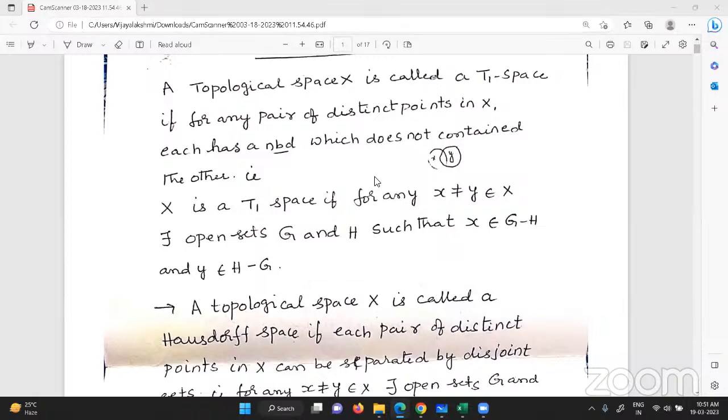Today I will explain unit 12, but unit 12 requires the previous concepts, so just go through this.